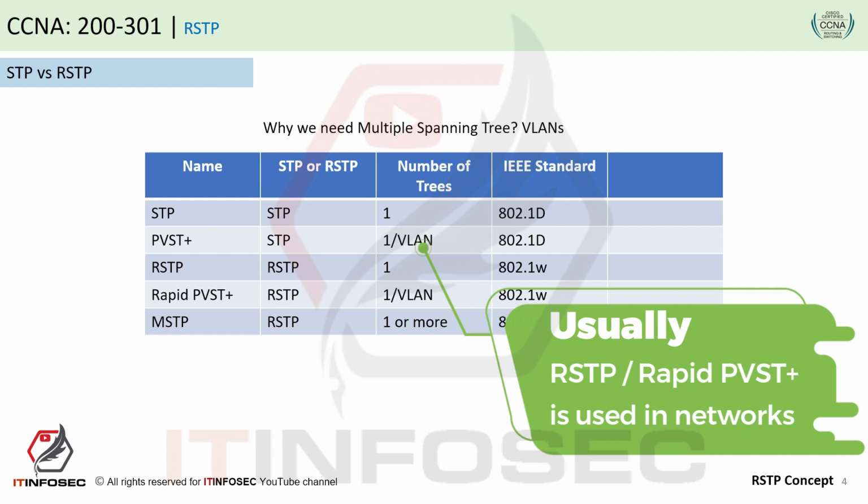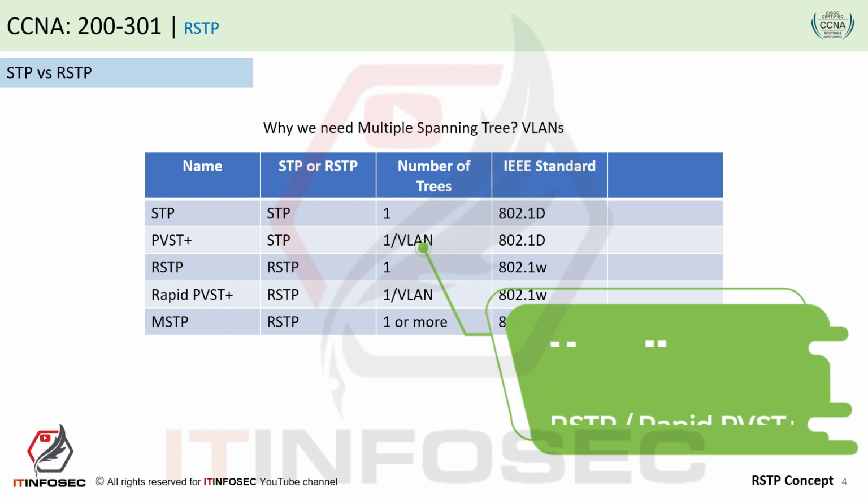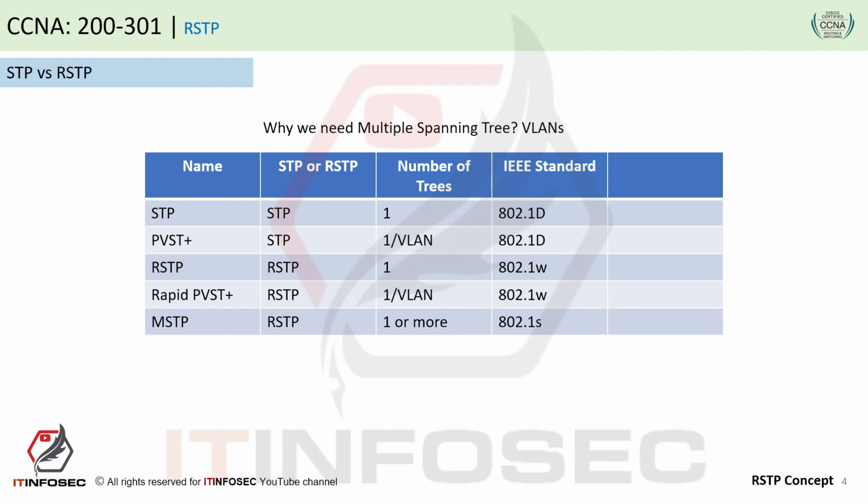But STP is the standard spanning tree protocol, known as standard 802.1d, and after that Cisco created a Cisco proprietary protocol, per-VLAN spanning tree, known as Per VLAN Spanning Tree Plus or PVST+.